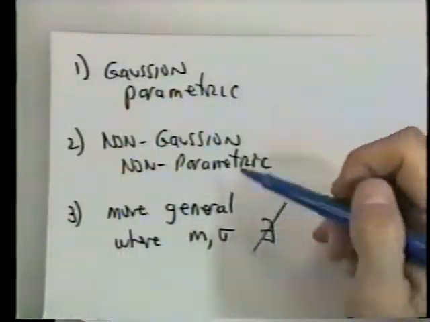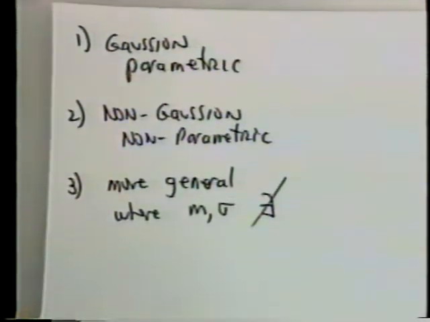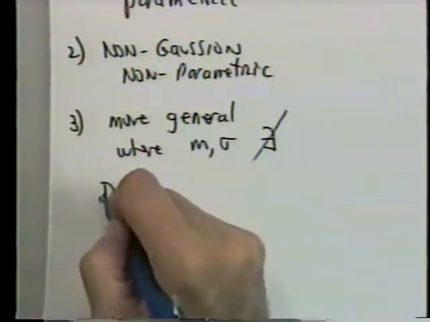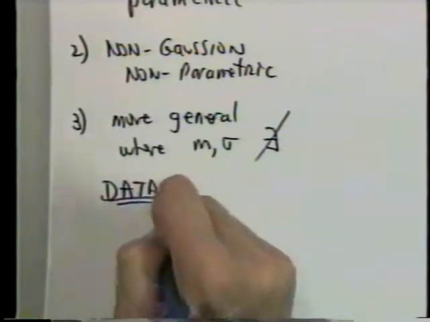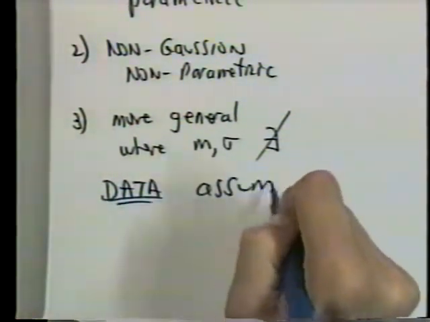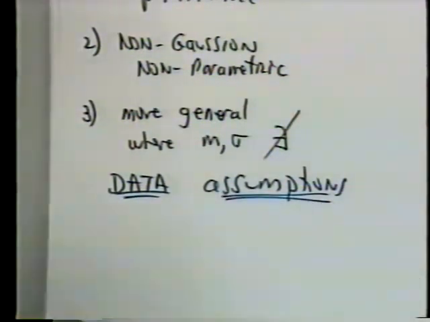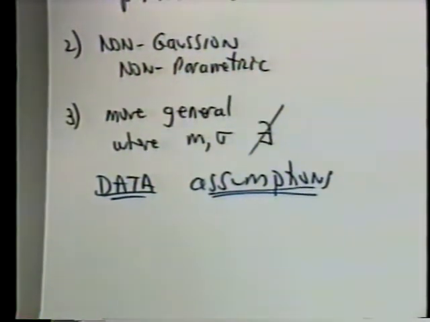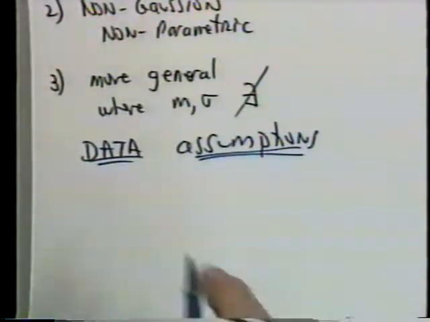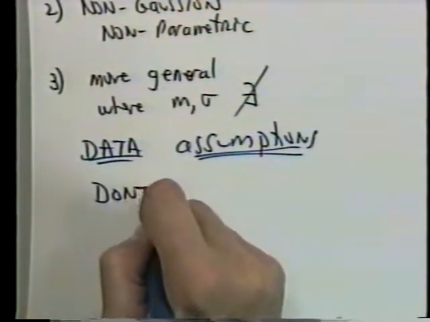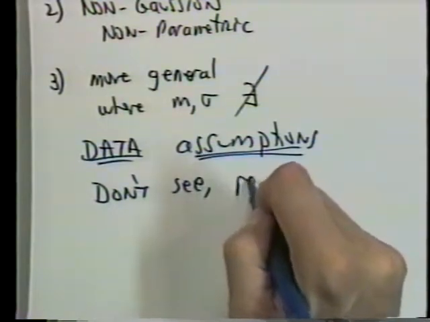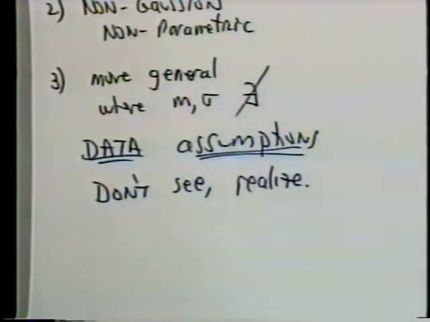Let me try to give some background to this and try to elaborate a little bit more on this. In analyzing data, we're always making certain assumptions about the data. And as I discussed in terms of the paradigms, these assumptions are made so often and so deeply that very often we don't even see or realize what assumptions we've made.